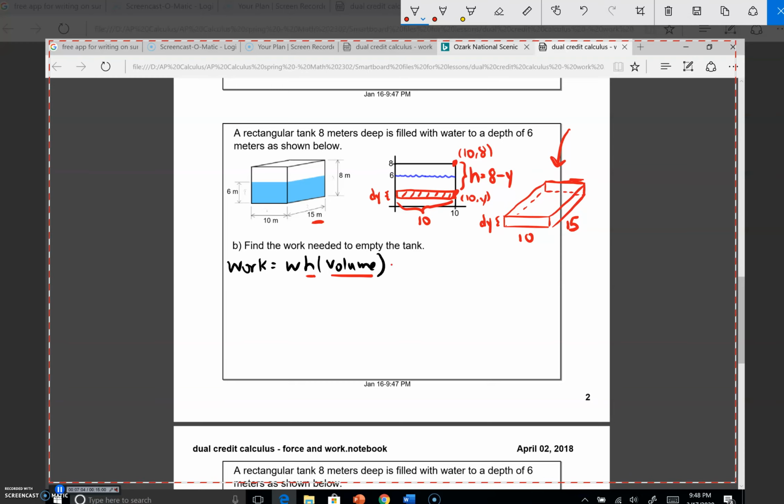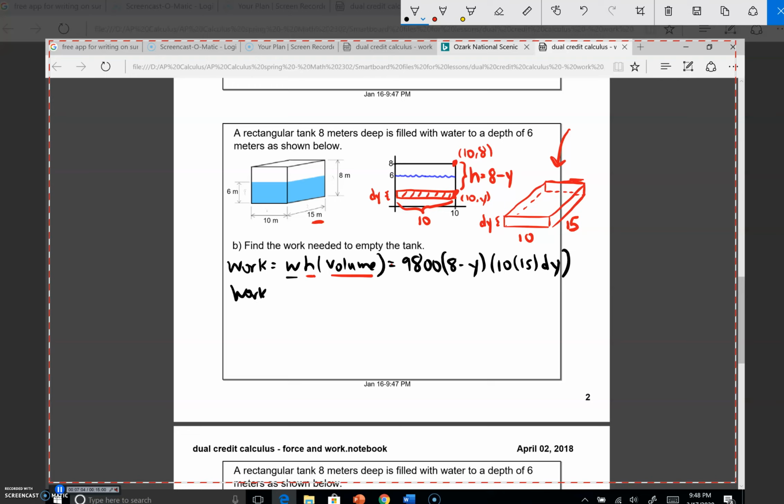So if I substitute what I know, I have a weight density of 9,800. I have a distance of 8 minus y, and I have the volume of this box right here, or the volume of water in that box, which is 10 times 15 times dy.